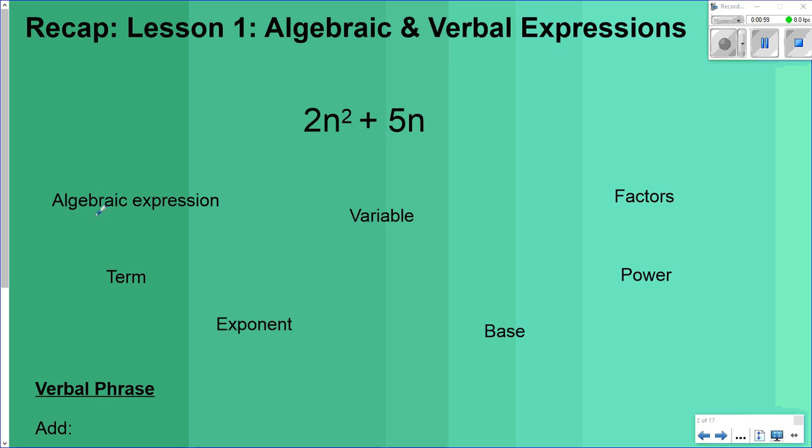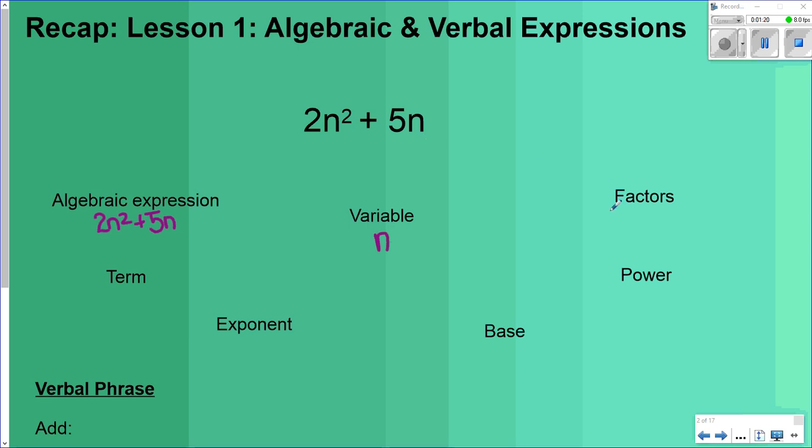So I'm going to write 2n squared plus 5n, which is the algebraic expression. Variable. What are variables? Variables are the unknowns. They're identified by using letters. So n is our variable.